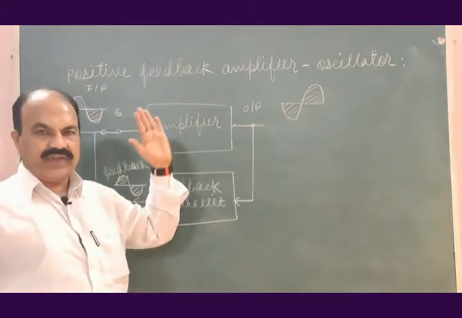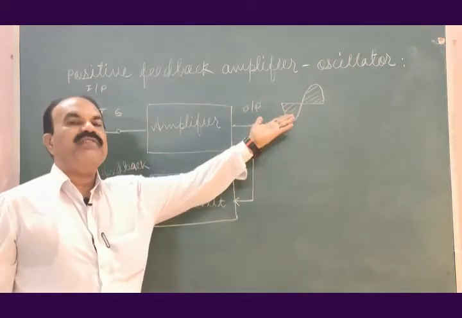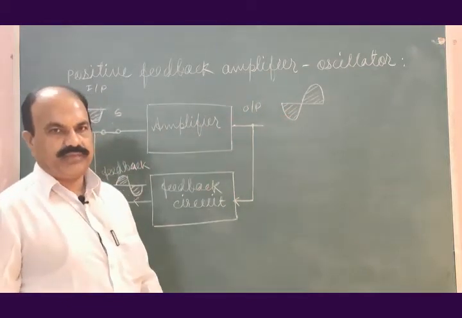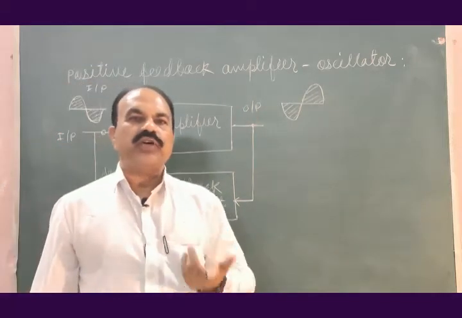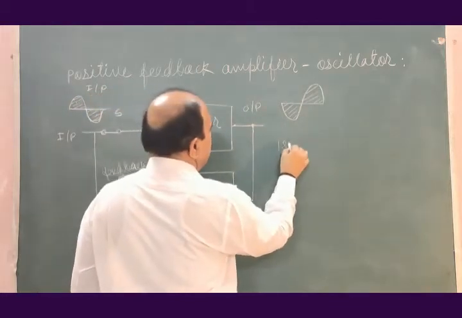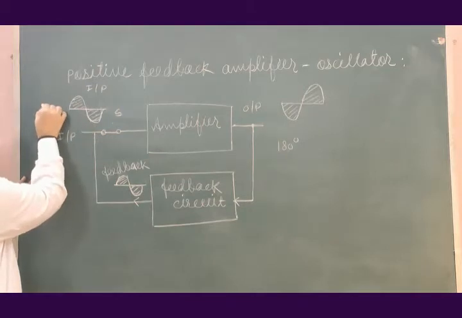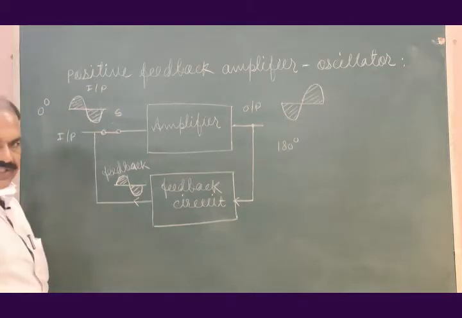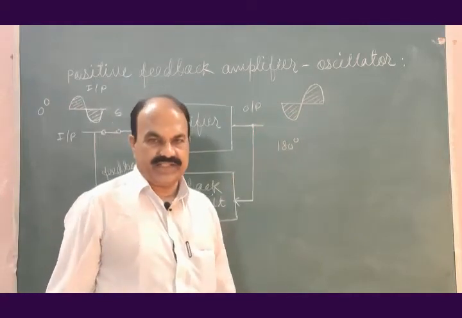passes through the amplifier. This is the amplified output. Input and output are out of phase by 180 degrees. If we consider this as 0 degree phase, this will be 180 degrees.